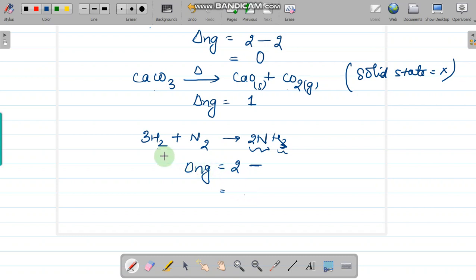How many moles you have, and what will be the change in the number of moles.